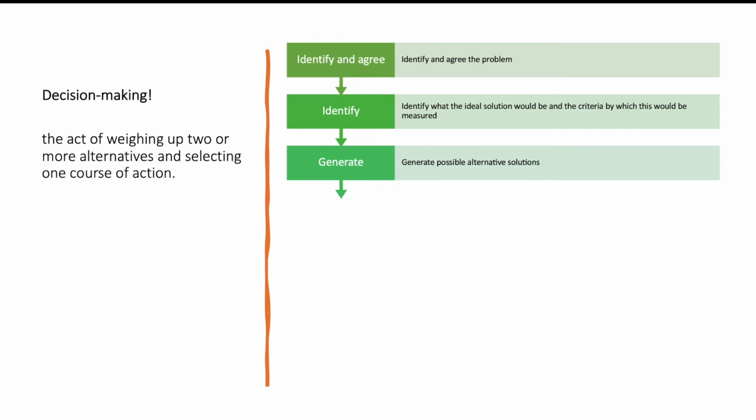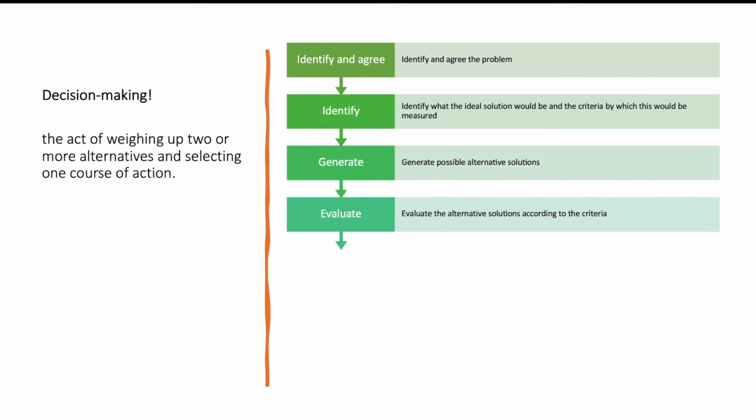Now, generate possible alternative solutions, because in the second step we will not be thinking about identifying just one solution. No, we'll be thinking about whether we have a couple of solutions, so that we can make a kind of weighing up. Okay, generate possible alternative solutions. What is the alternative to that?